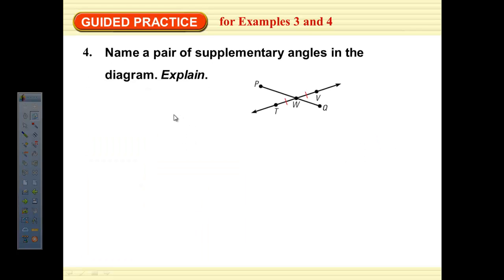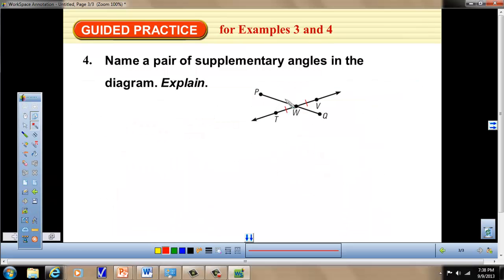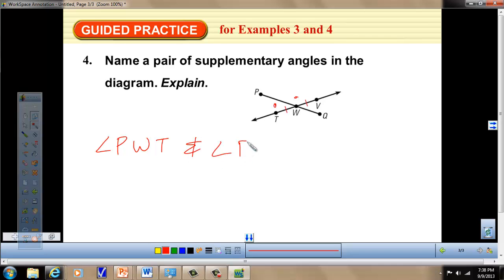And then it says to name a pair of supplementary angles. Well, there's 4 possibilities here. The ones that I would choose are this one and this one. So I would say angle PWT and angle PWV are supplementary.